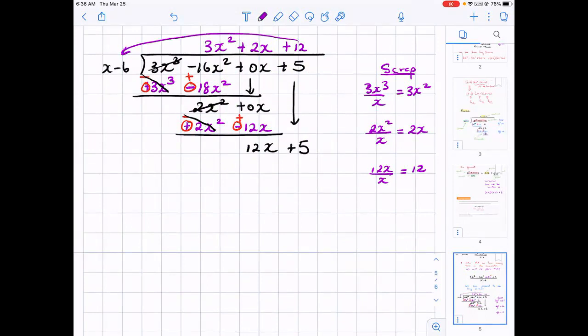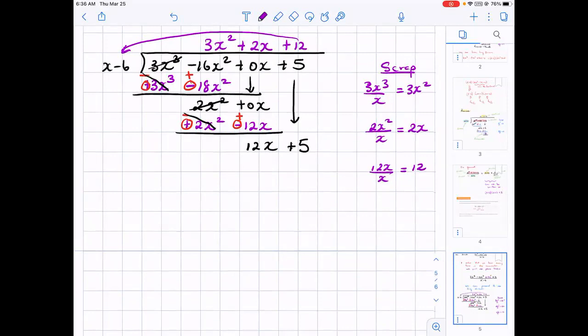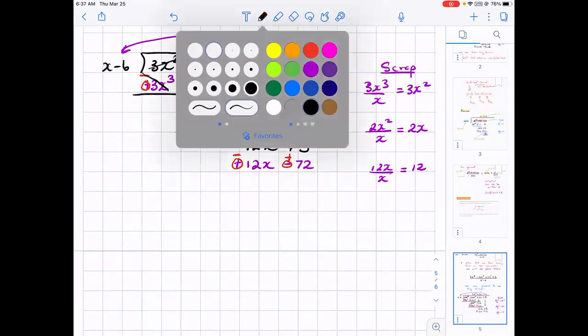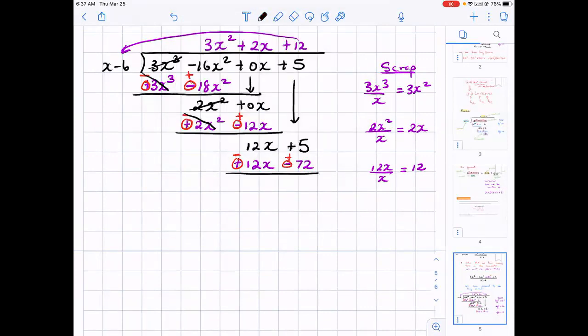So 12 times x becomes plus 12x, and 12 times negative 6 becomes minus 72. Don't forget, we have to change our sign, so this is a minus, this becomes a plus. So 5 plus 72 becomes 77, and this cancels with that. And there's nothing else to bring down. So this here is my remainder.